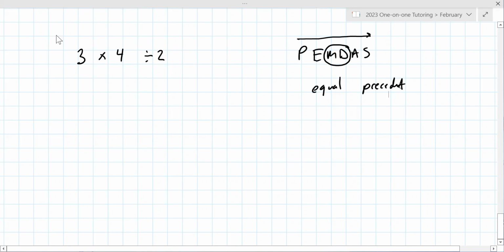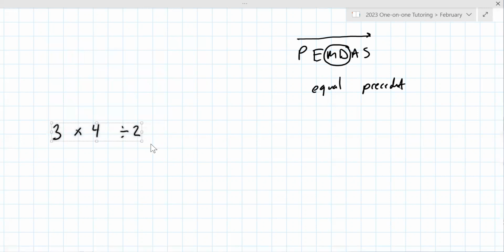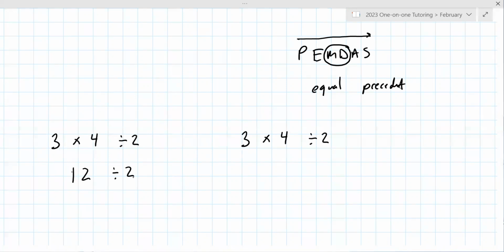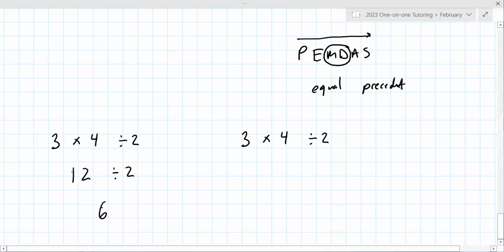So I'm going to show you how you could do it in 2 ways. Let's say you wanted to multiply first. What is 3 times 4? 3 times 4 is 12. Divided by 2 is 6.